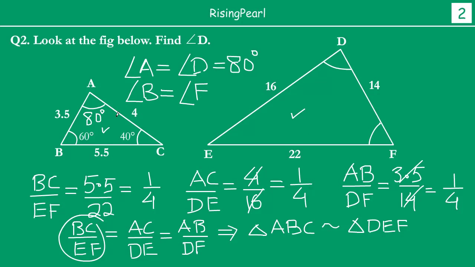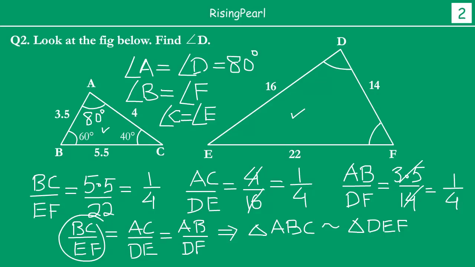Normally whenever we have similar triangles, we have this angle equal to this angle, and this angle equal to this angle. Here it is not the case. Even though these two triangles are similar, angle A is equal to angle D, angle B is actually equal to angle F, and then we will have angle C equal to angle E.